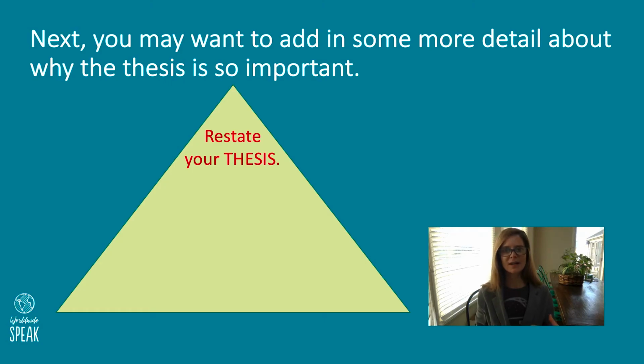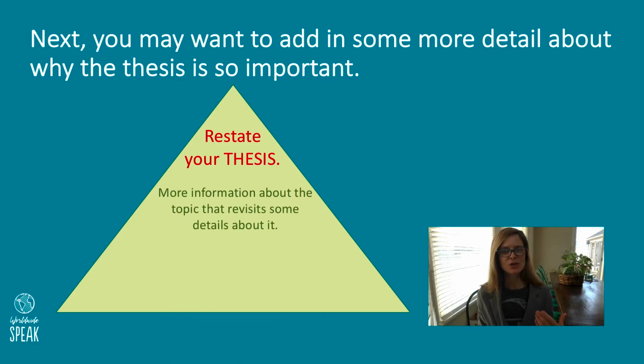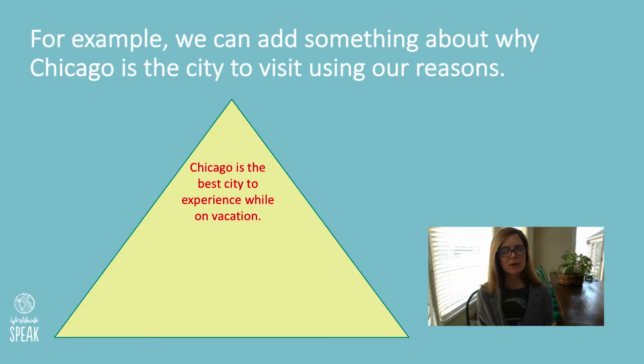Next, you might want to add in some more of that detail about why the thesis is so important. So when we take a look at the restated thesis, Chicago is the best city to experience while on vacation. Remember, we didn't mention anything about the architecture or the restaurants or the museums. That would be a good thing to do right now.